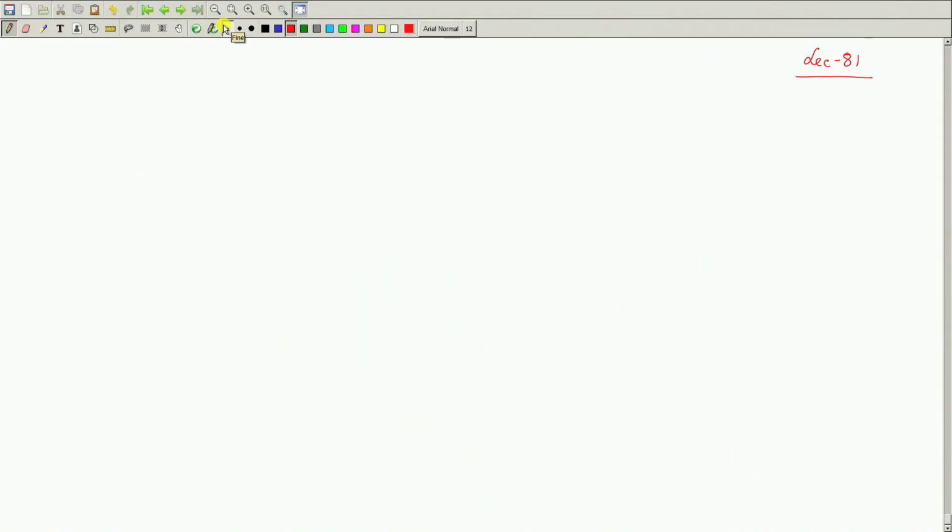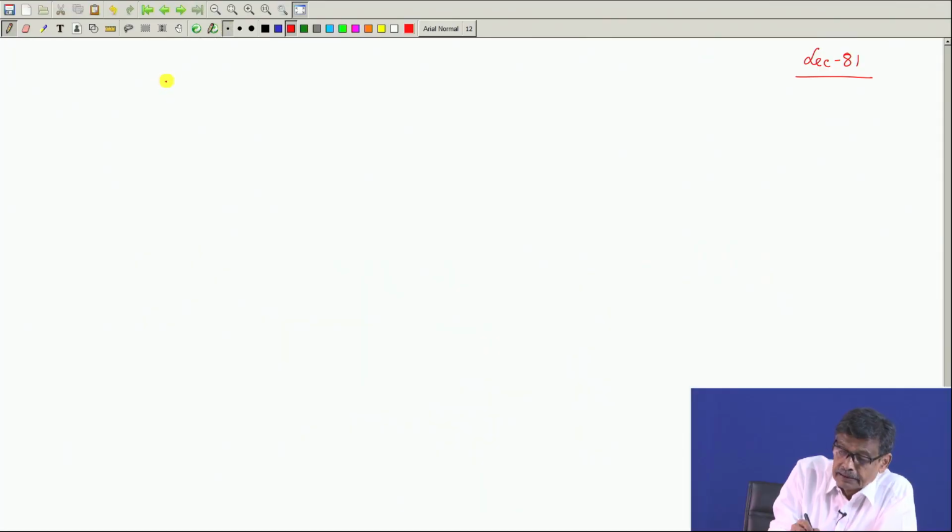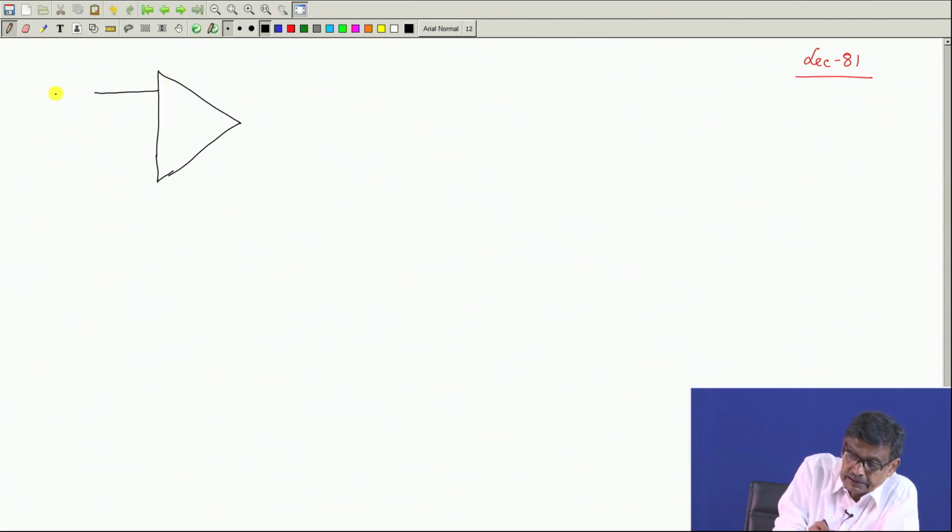Another interesting circuit is this one. Suppose you have an op amp, an ideal op amp, and you connect a resistance R here, and this is your input signal V1.